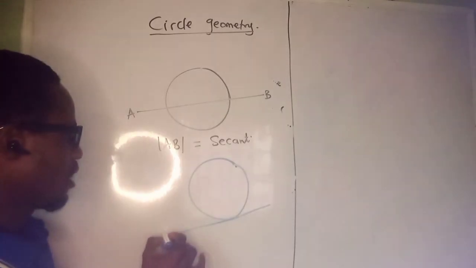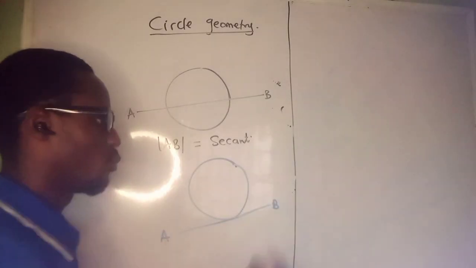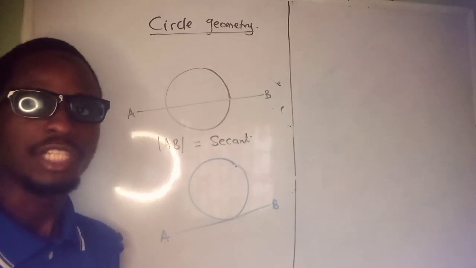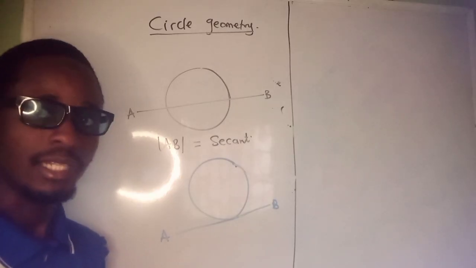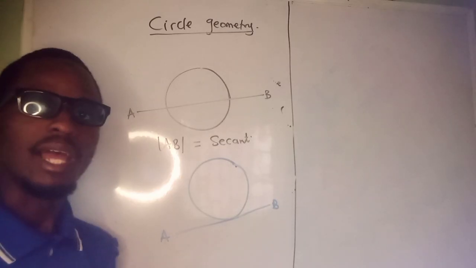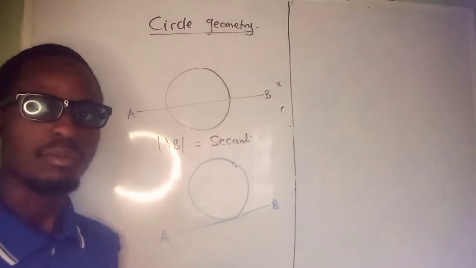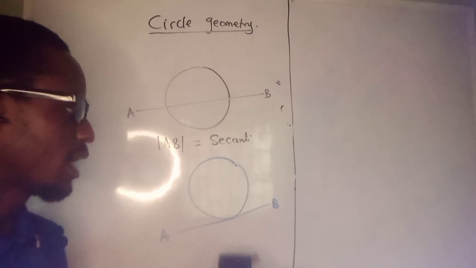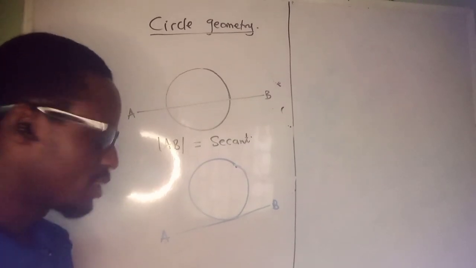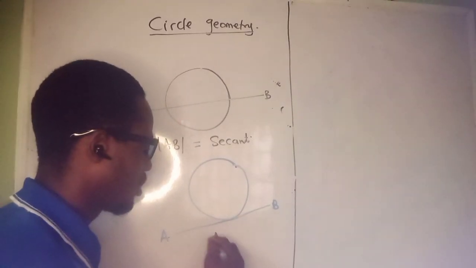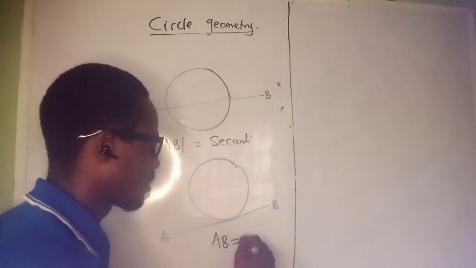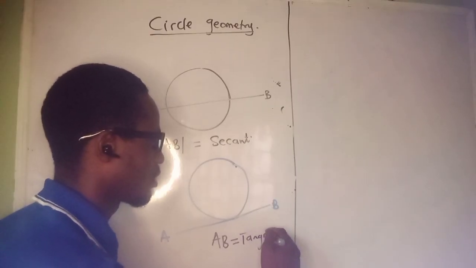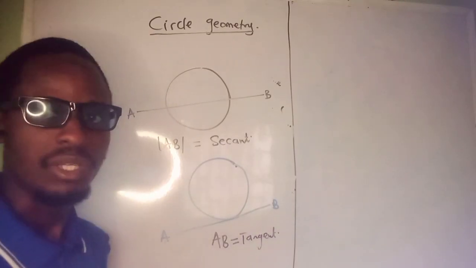So then the line AB becomes a tangent. That is the line that touches the circle from an external point, and it is called the tangent. So we can say that AB is a tangent.